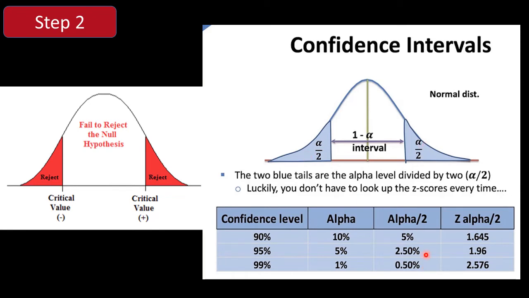If we consider both sides, one side is 0.5%, and the critical value, or z level, is 2.576. Like that, you have to know the probabilities to accept or reject the null hypothesis.